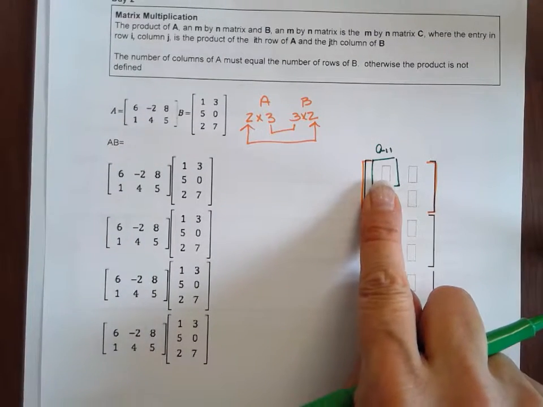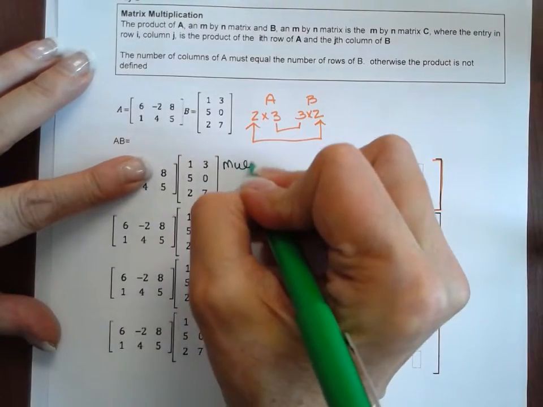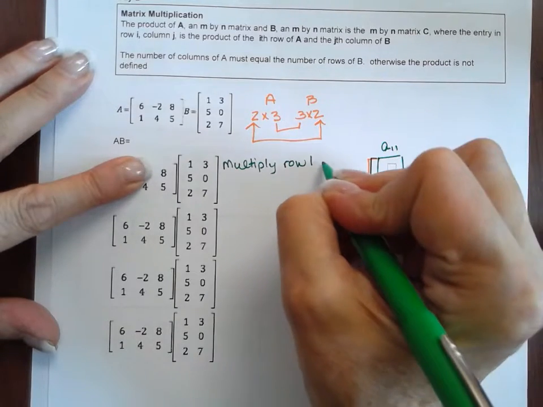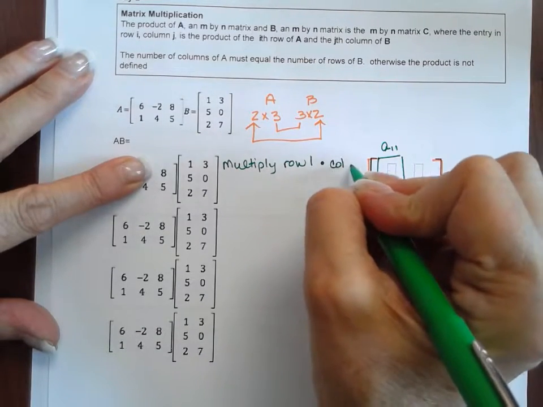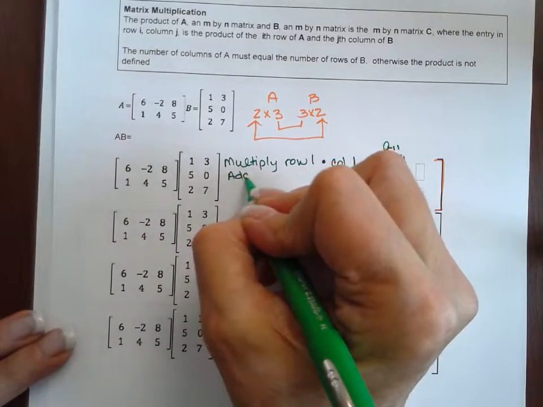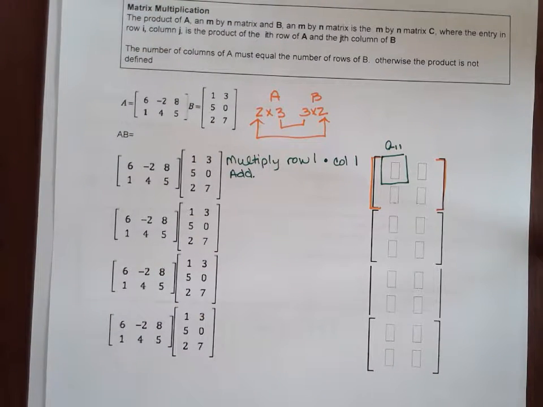So what you do is you multiply row 1 by column 1, and we're going to add them all together, and that becomes our answer for that position. Okay?